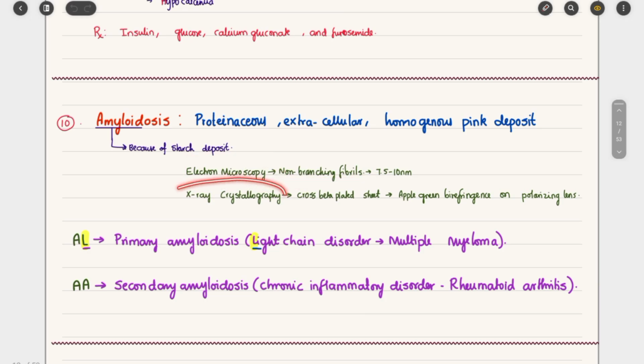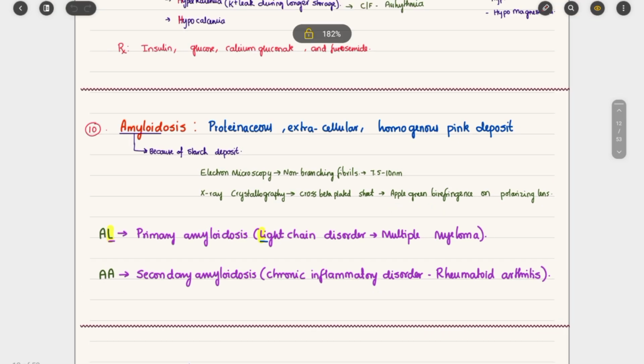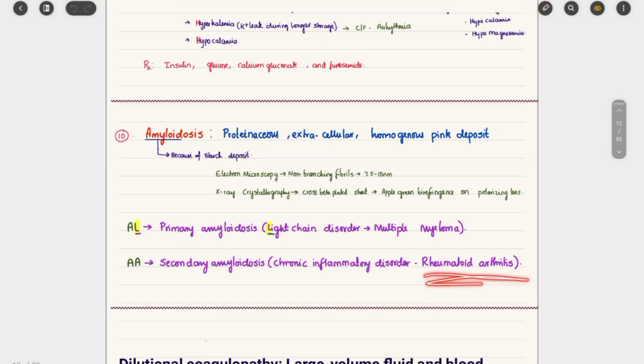But here they have given X-ray crystallography in the options. What is it? Cross beta pleated sheet, which shows apple green birefringence under polarized light. Okay. AA is the secondary amyloidosis, which is seen in chronic inflammatory disorders like rheumatoid arthritis.